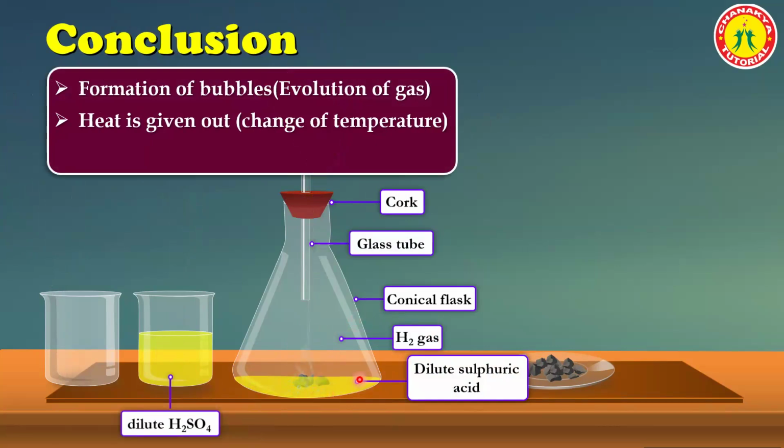That indicates a change in temperature. There is also a change in state, because initially there was no gas. We added solid zinc and liquid dilute H2SO4, but we saw release of hydrogen gas. Hence, there is a change of state also.